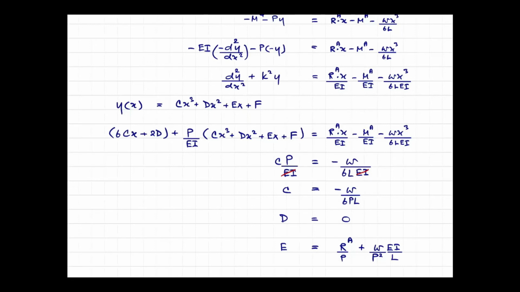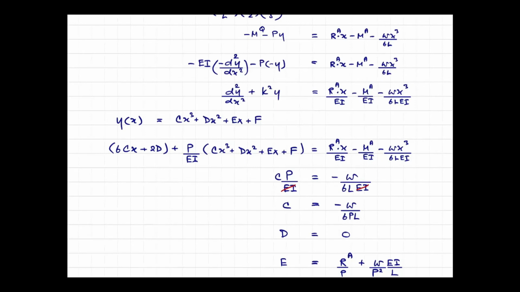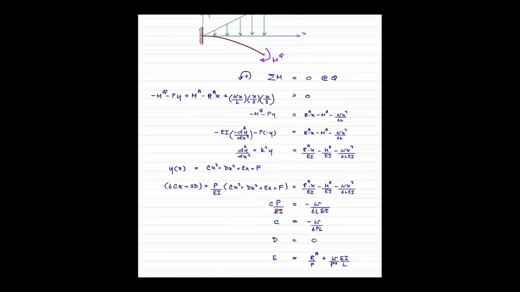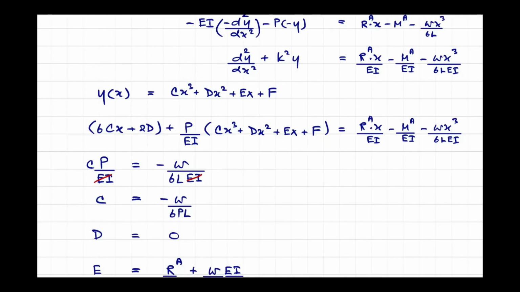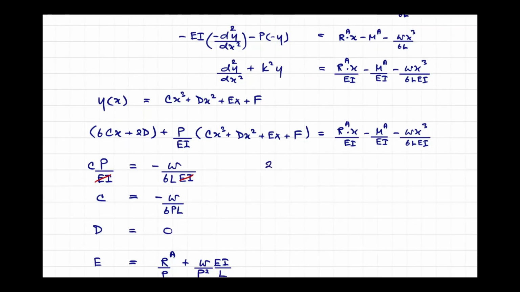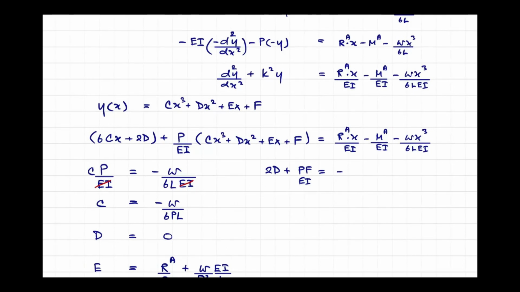And then how about the F term? The F term, 2D plus PF over EI equal to minus MA over EI.